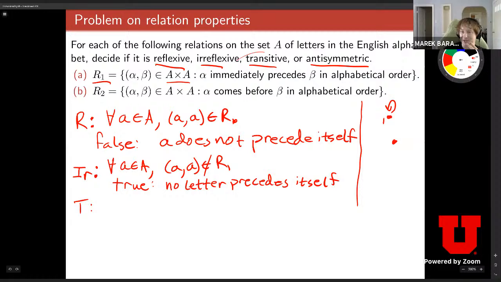Let's just call this 1 and 2. And one doesn't have an arrow, then this one is not reflexive or irreflexive. It's because of this for all. That's the reason they're not opposites, because the opposite of this is there exists.